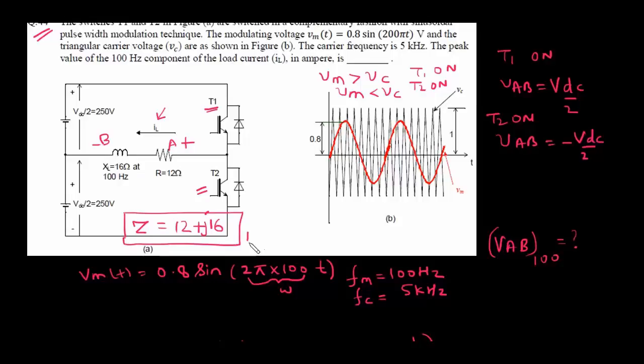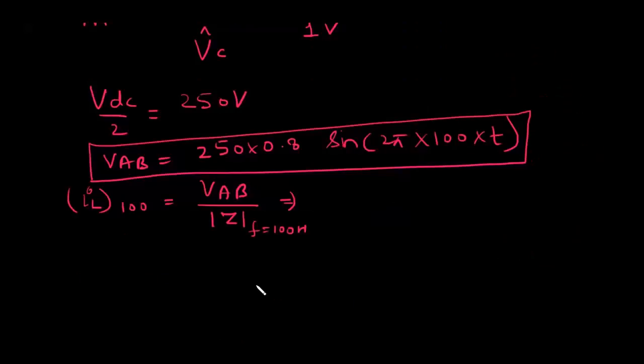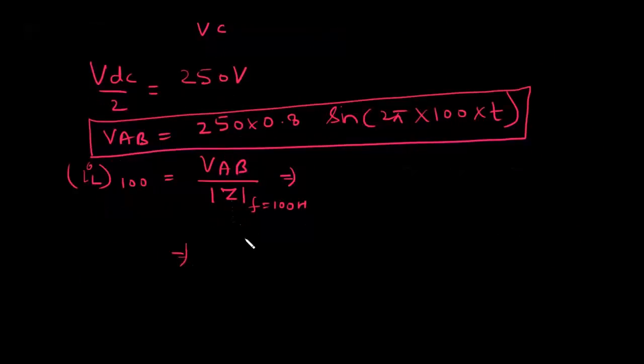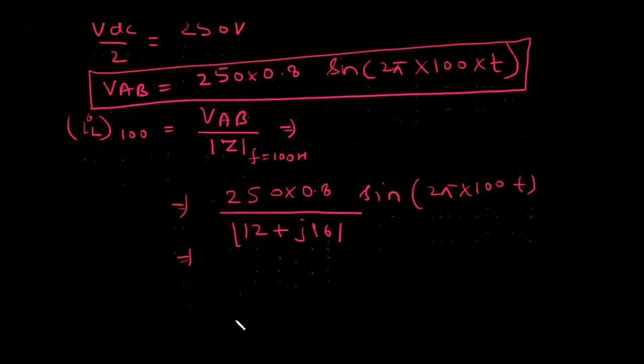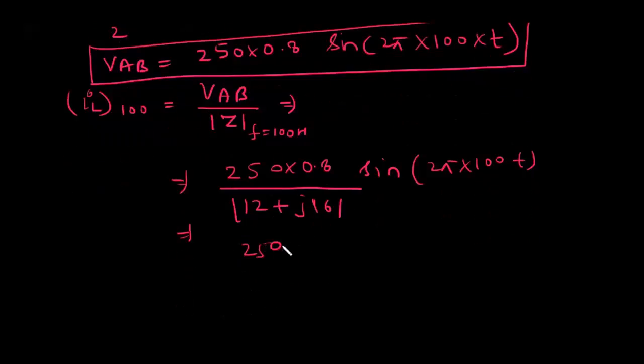This is the impedance at 100 Hz. So let us put Z here. The magnitude of 12 plus J16 is 20.